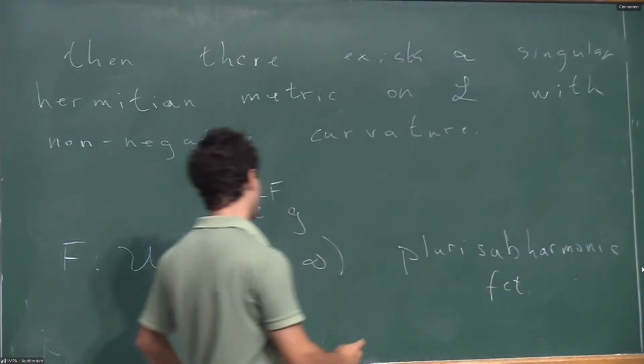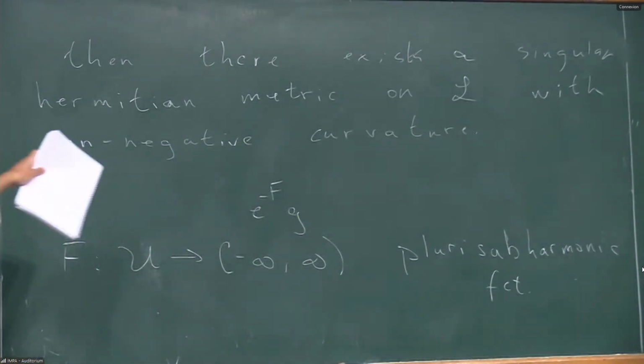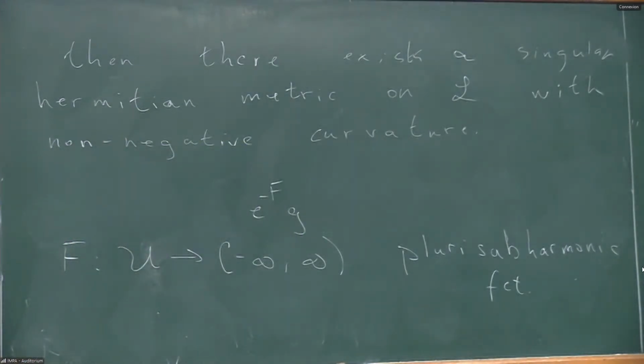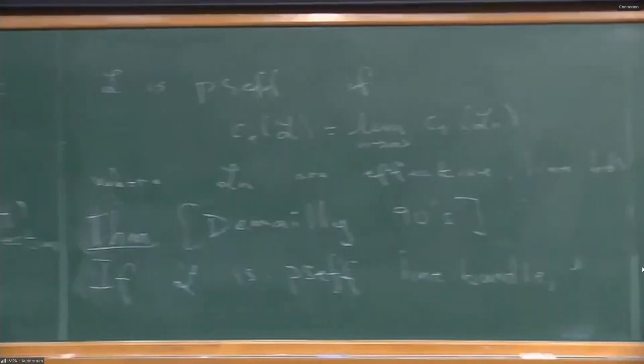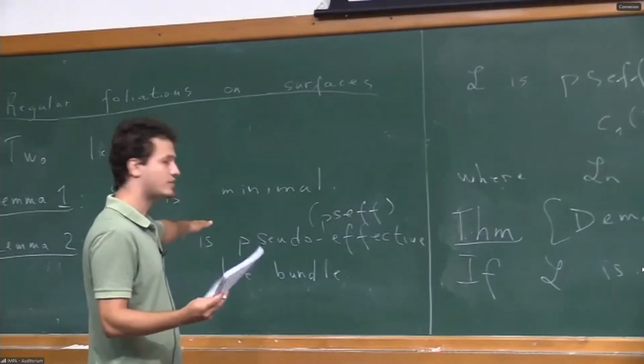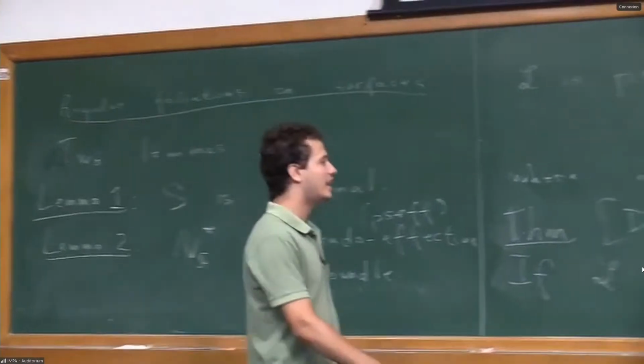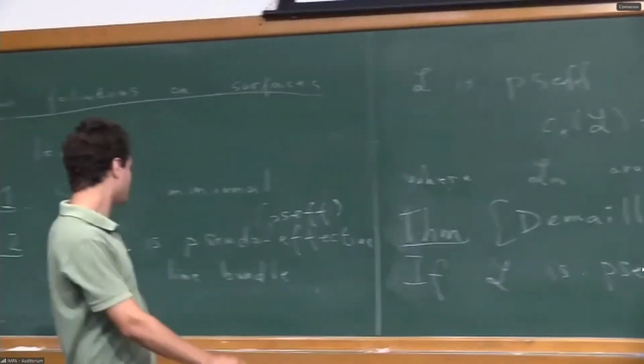And this is singular because f can have poles, and in the places where it has poles, this will no longer be a normal metric. Okay? So we apply this to the pseudo-effective line bundle, the conormal of the foliation, and we find a metric on the conormal.